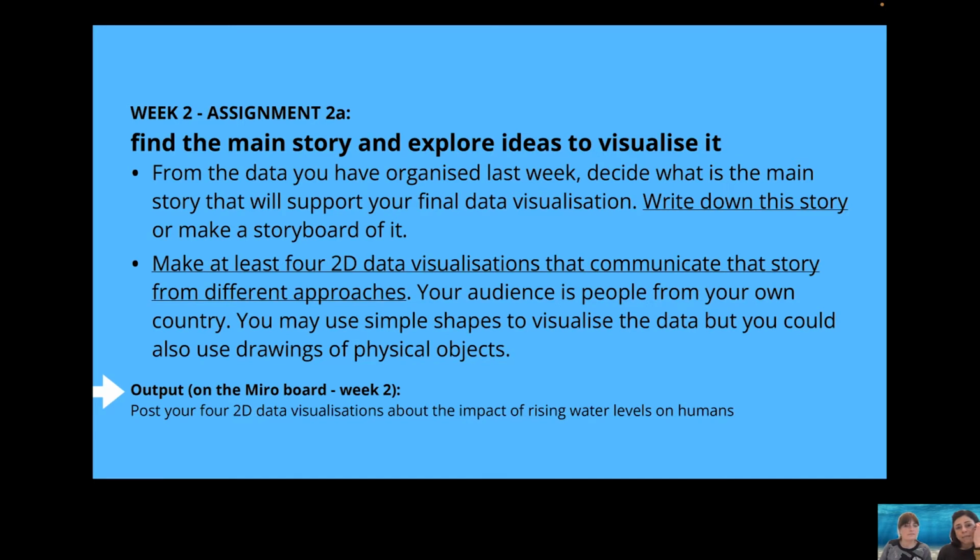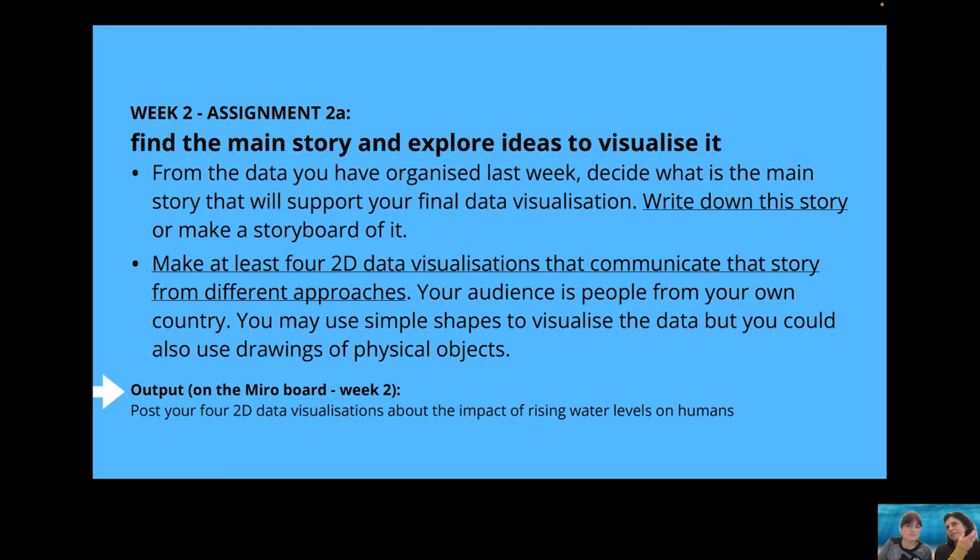So the first assignment is to find the main story you want to tell to others, you want to visualize. You can write it down, or you can make a storyboard and make at least 4 visualizations that try to communicate things out. And try to look also from different angles.